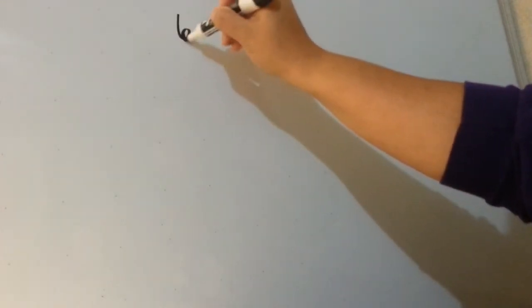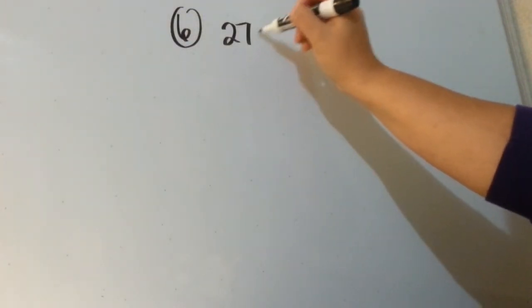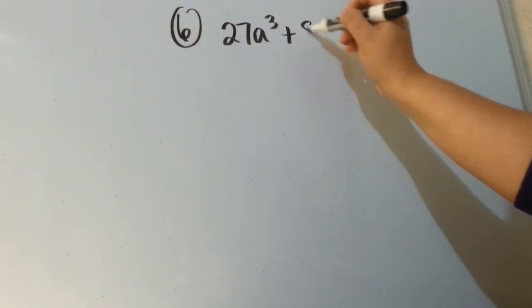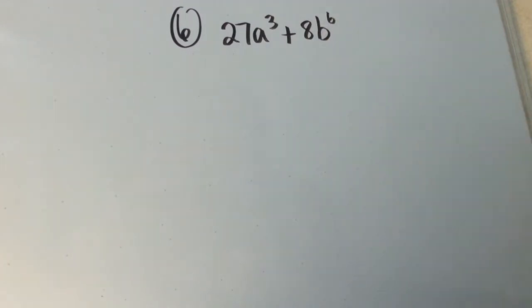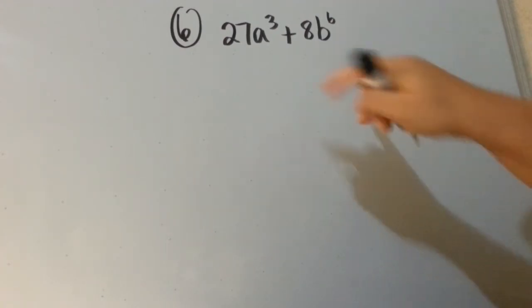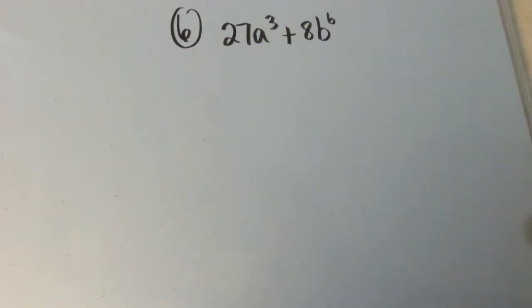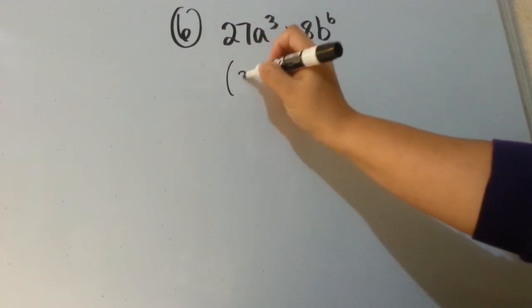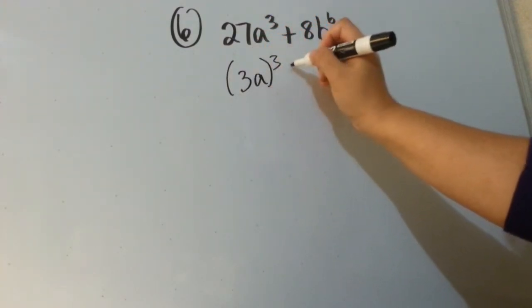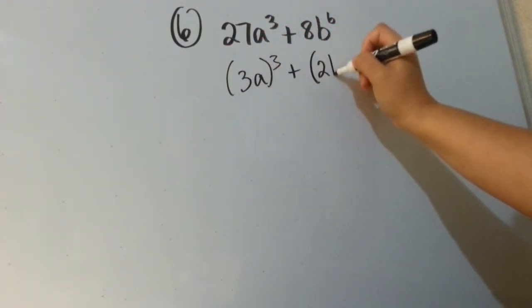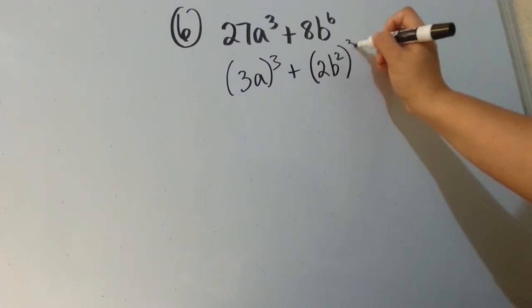Alright, number 6. And you know, me going over this test, I'm assuming that you watched the instructional videos to review all this stuff and all these formulas. Okay? This is a cube and this is a cube. What do I mean? This one was 3a that got cubed. And this one is 2b squared that got cubed.